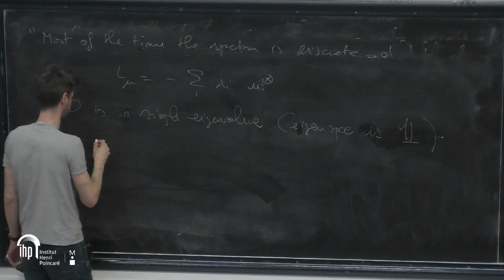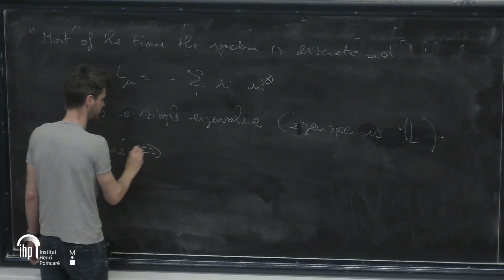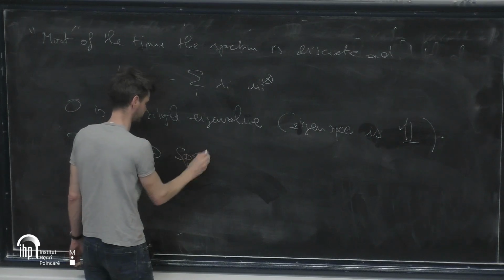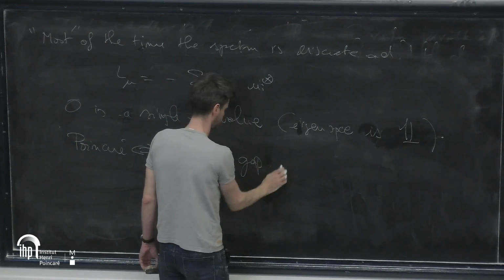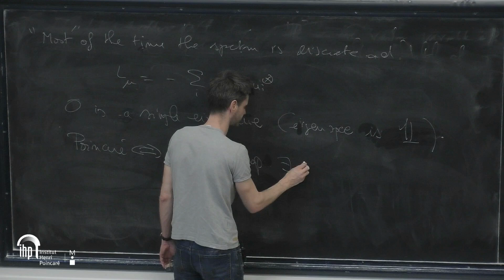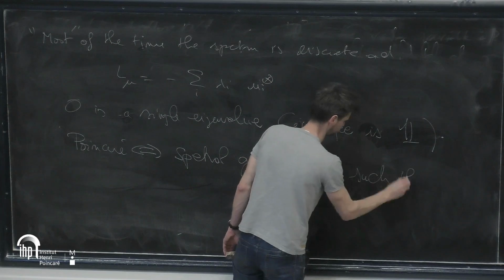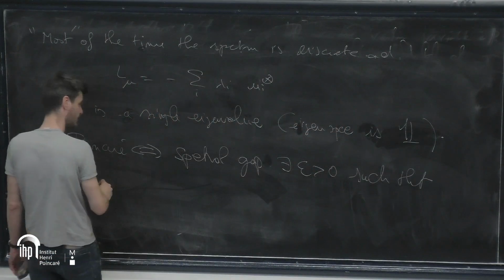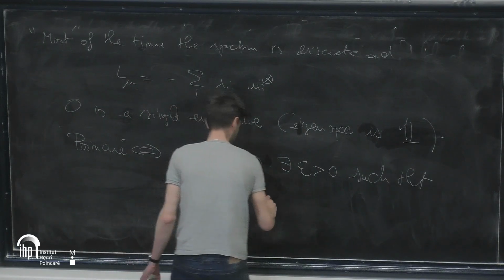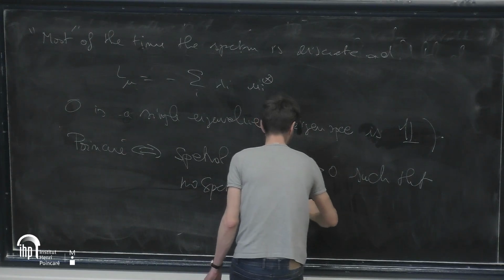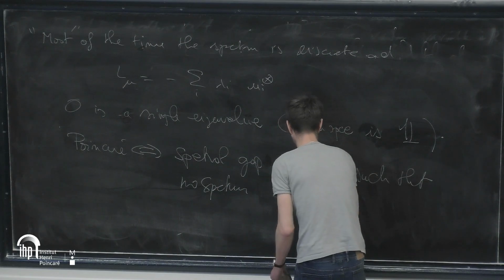And the Poincaré inequality is equivalent to a spectral gap. Namely, there exists some interval such that there is no spectrum between 0 and epsilon.